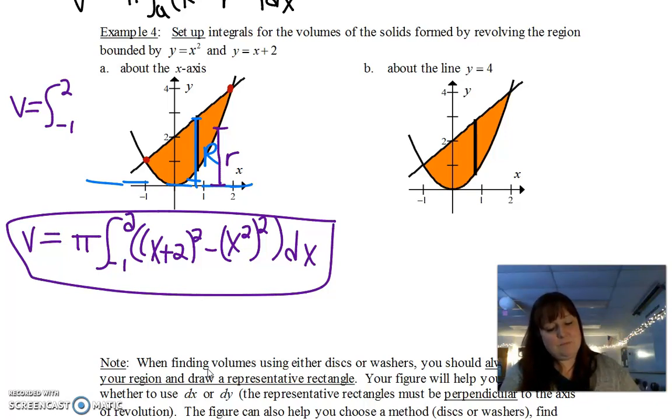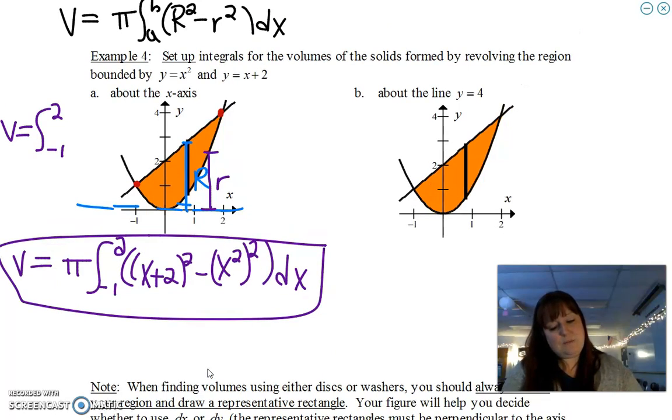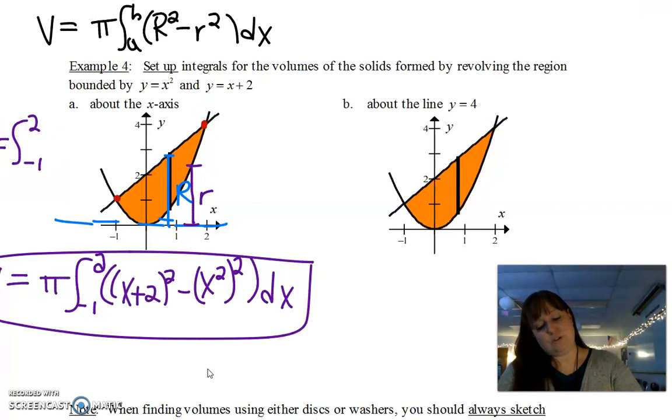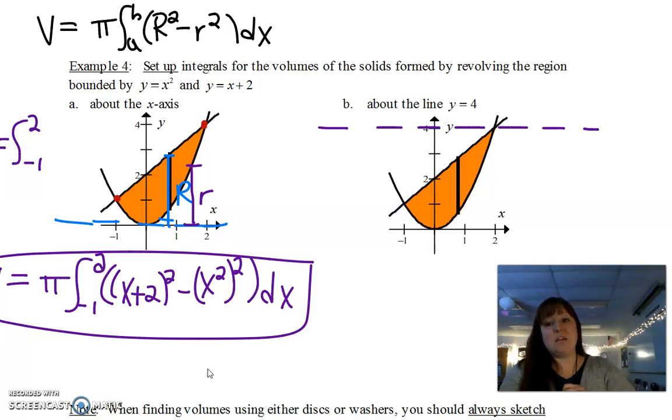Okay, last one. Set up the integral, and it's going to go about the line y equals 4. So our axis of revolution is up here. We have to define big R and little r.